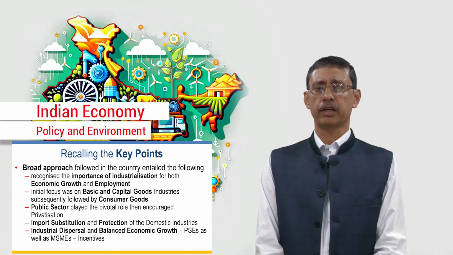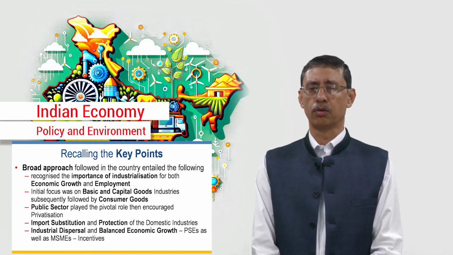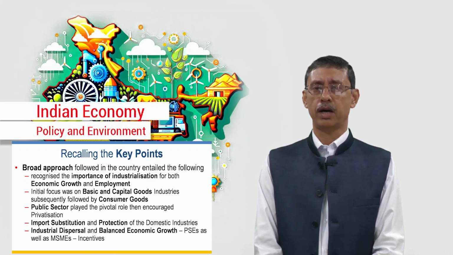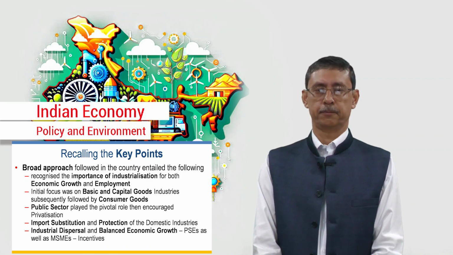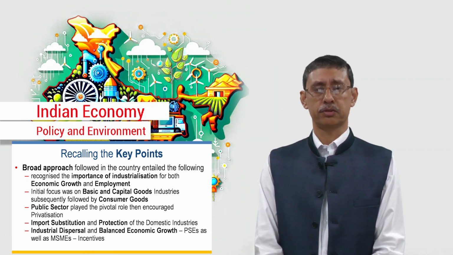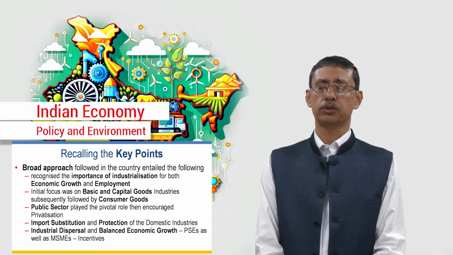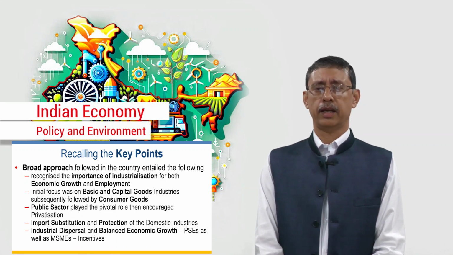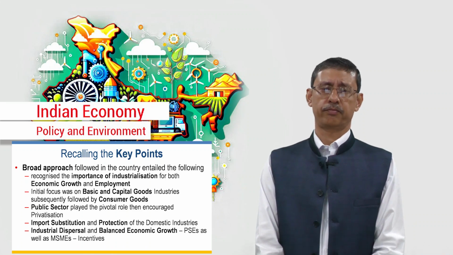Within this broad approach, the public sector played a pivotal role and then encouraged privatization, participation of private players in the industrial sphere. We began with import substitution, and for that we wanted to have a set of protections to promote and develop the domestic industries.